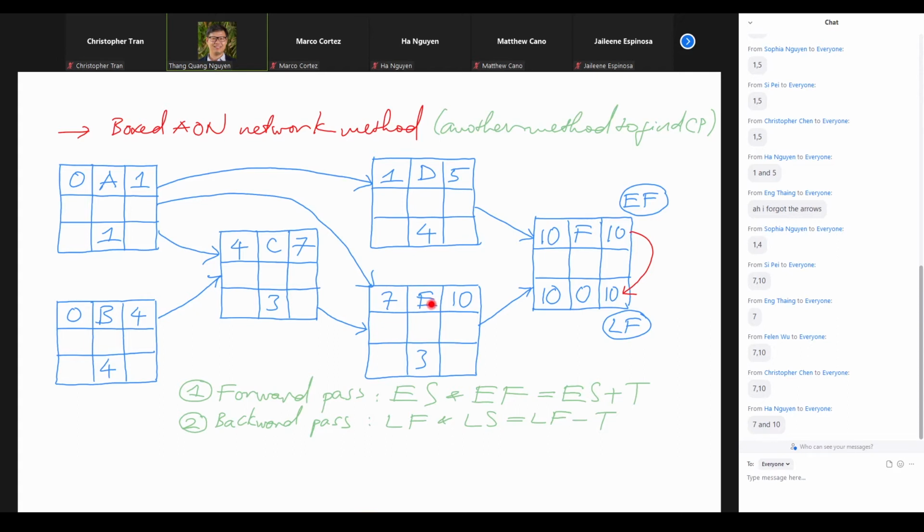So when we look at E, we have to ask ourselves, where does E go to? E goes to F, which means that before we start F, we have to finish E. Or more specifically, before we start F at 10 at the bottom row, we have to finish E by 10 as the latest.